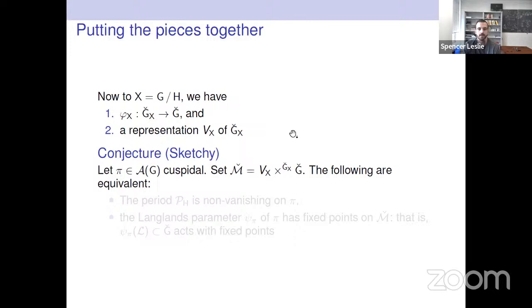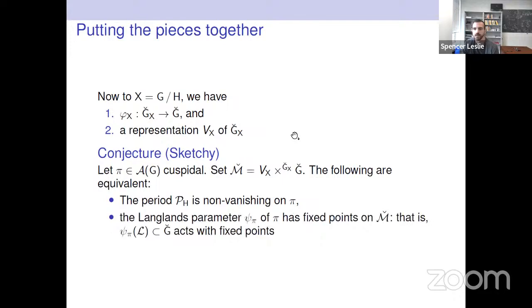Then the conjecture is that the following are equivalent. The period H is non-vanishing on pi, and the Langlands parameter of pi has fixed points when acting on M check. So that is, if I look at the image of the parameter, I get a subgroup of G check, and then I look at the action of that and ask if it has any fixed points on M check.